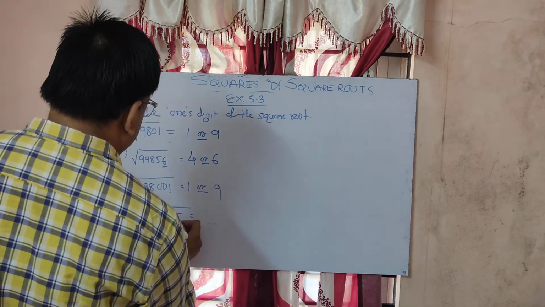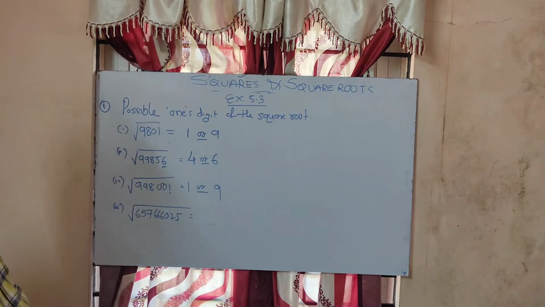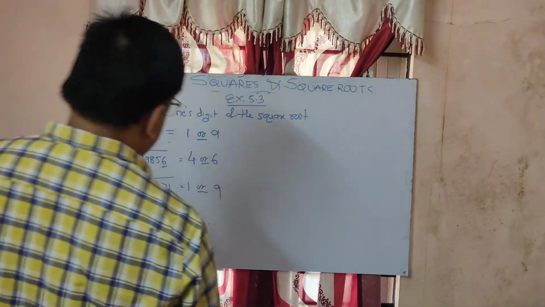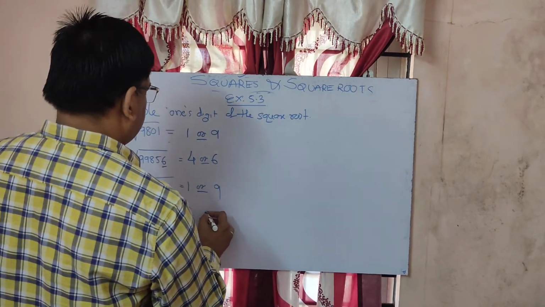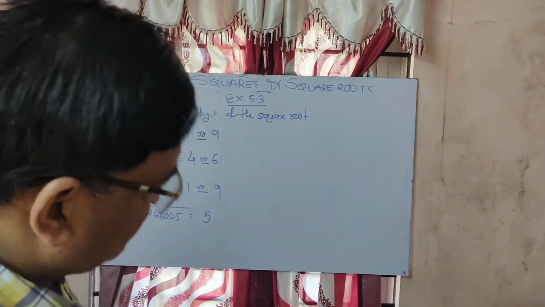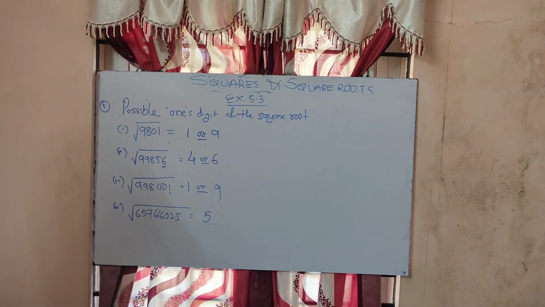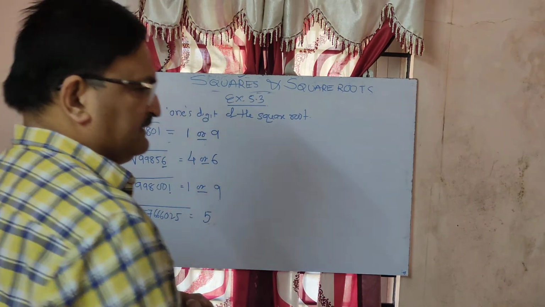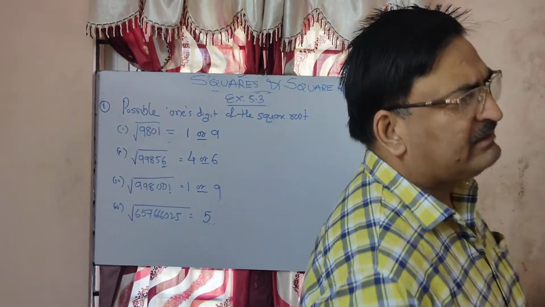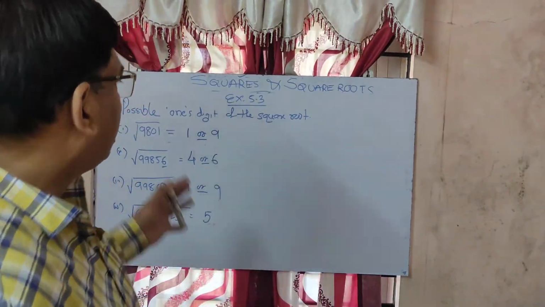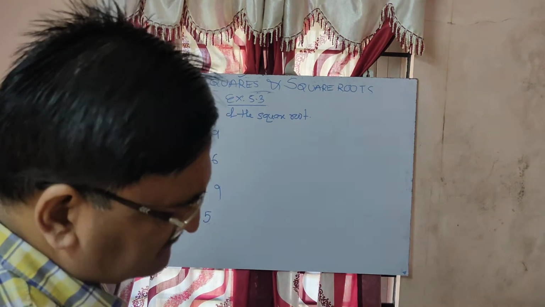If the last number is 5, then the square root of any number whose last number is 5 is always 5 only. It cannot be another number. Always remember, you need to remember the properties. I have given you 4 properties, and if you can understand those properties, it is very easy to find the answer for these questions.